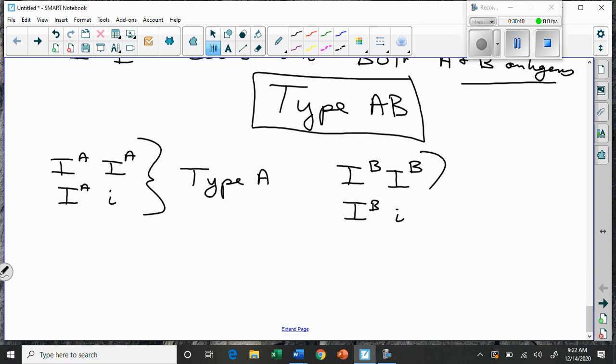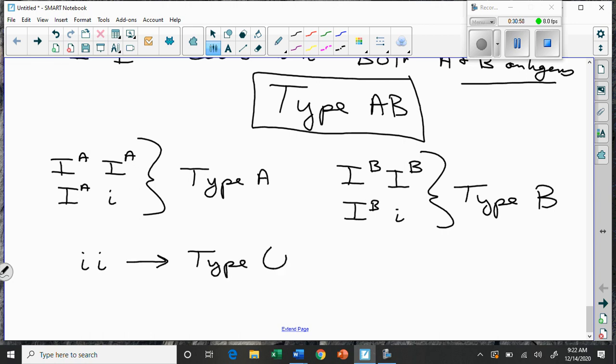These produce the same result, type B. In other words, your blood cells will have the A or the B antigen, depending, in both of these cases. Then you can have the combination of little i, which produces type O, no antigens. And you can also have the codominant situation of one of each of the dominants, which produces type AB blood.